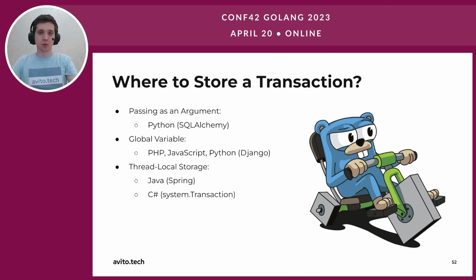PHP uses the same approach because it does not have multi-threaded processing at all. Unfortunately, this is not our solution at all. And fortunately, Go can work with multiple threads by goroutines. More enterprise languages such as Java or C# use thread local storage. That is similar to the global variable but limited to a single thread.